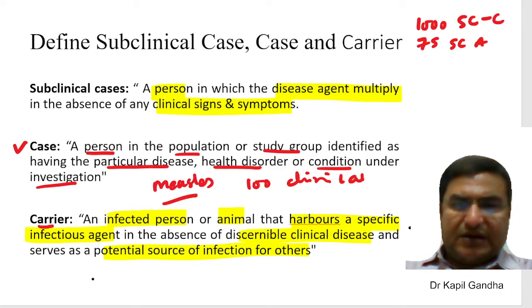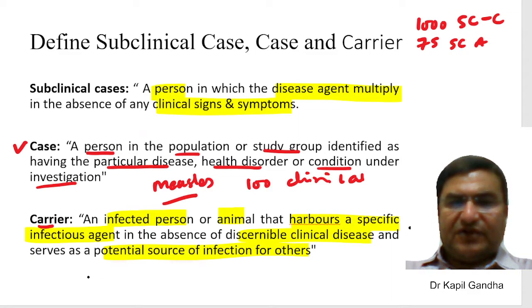Typhoid Mary was responsible for several epidemics during her lifetime because she used to carry the typhoid bacilli. Whenever she worked as a cook, she used to transmit that infection, and during her lifetime she transmitted typhoid to 1000 plus cases.